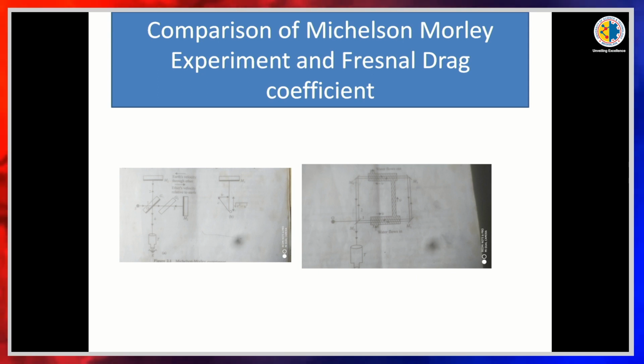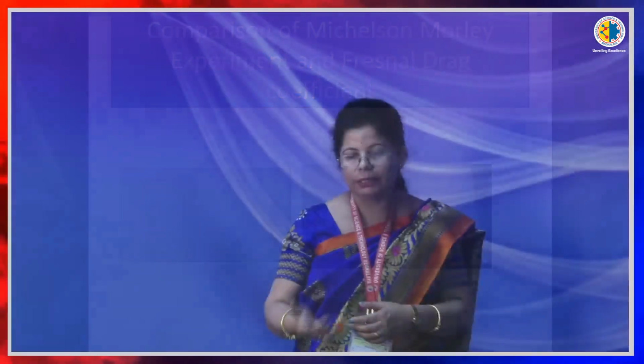Then they recombine and are observed by a telescope. That is the major difference between the Michelson-Morley experiment and this experiment, and the results are almost the same, both showing that the ether does not exist.